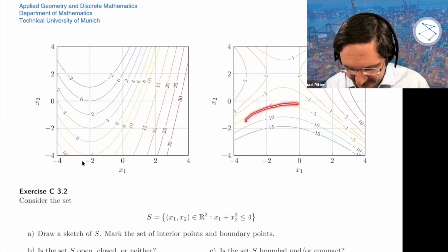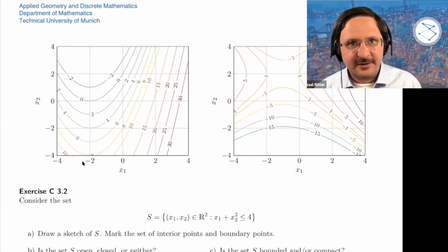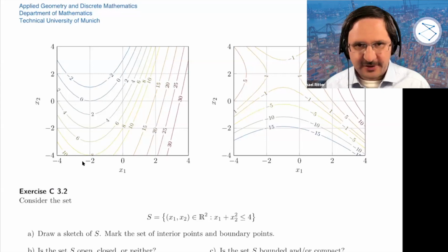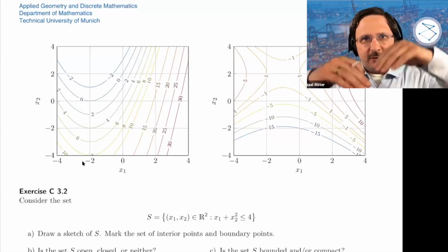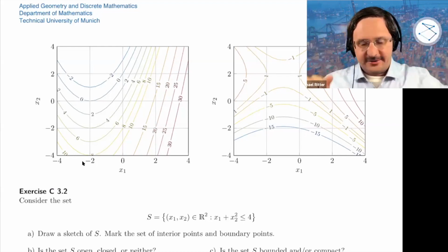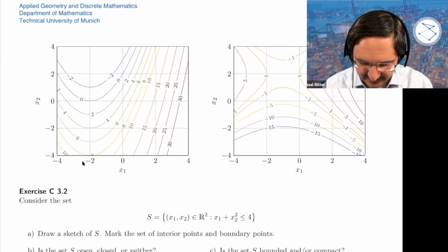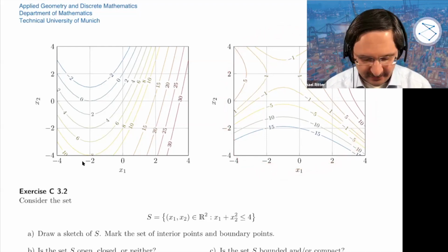Yeah? Here we have these lines and these lines. That's typical for what we call a saddle point, a point where you have a direction where the surface decreases and one where it increases. The contour plot for a saddle point looks something like that here.